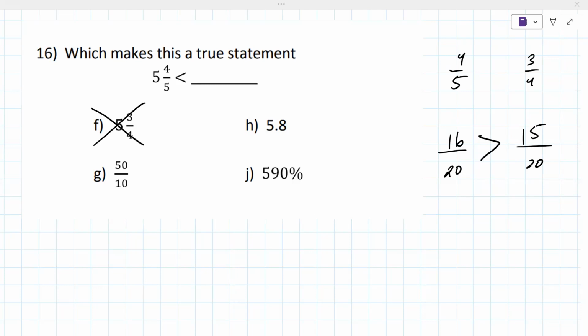Wouldn't it just become 5 whole? Five whole. So how does that compare to the 4/5? It would just be smaller because it's 5 whole. So that one's out.